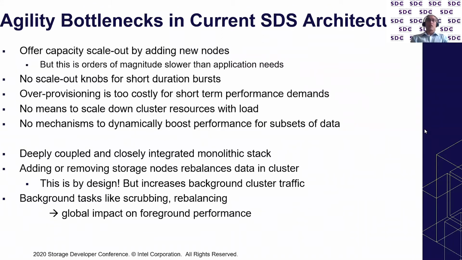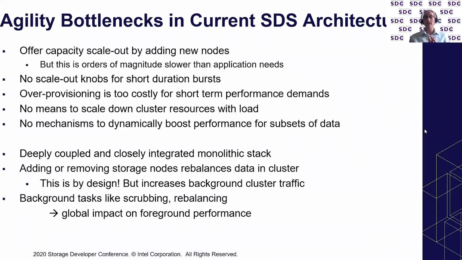What are the bottlenecks currently, which make us think that this need of agility is not met by current architectures? SDS architectures are really good at offering scale out on the vector of capacity.